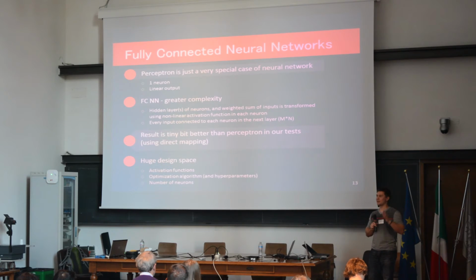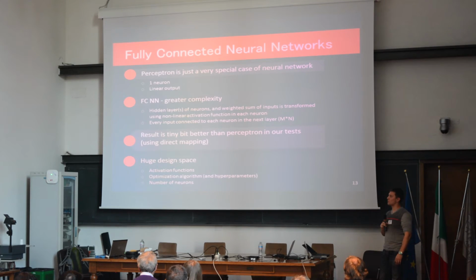There are input connections, there are output neurons, and there are hidden layers between them. We chose to use one hidden layer, but there could be more. But then there are vanishing gradient problems occurring, but that's a different topic. We used one hidden layer, and we used several activation functions, but still there are more, and with fully connected neural networks, there is quite a huge design space to explore.